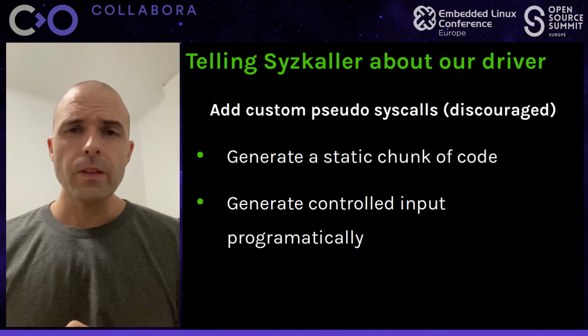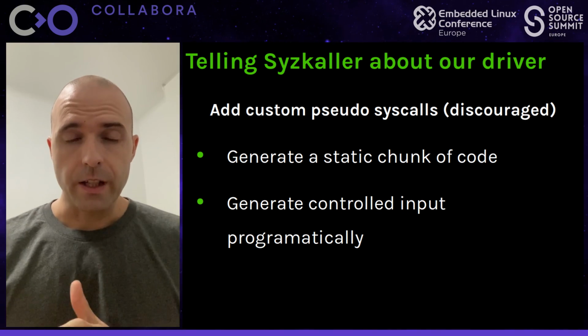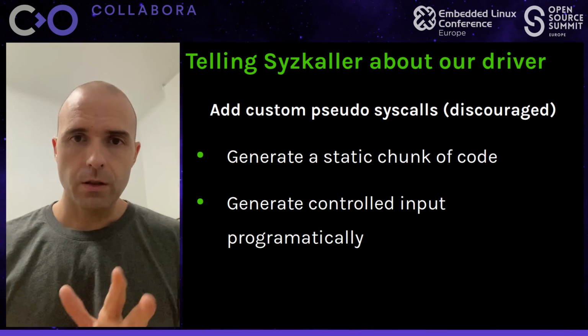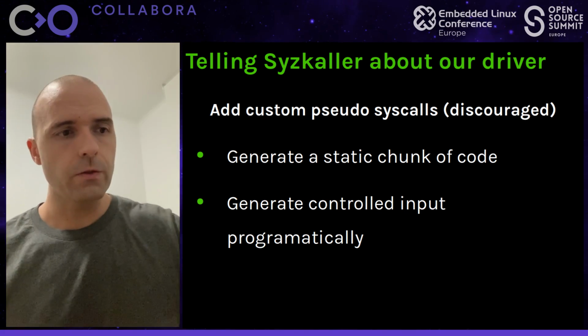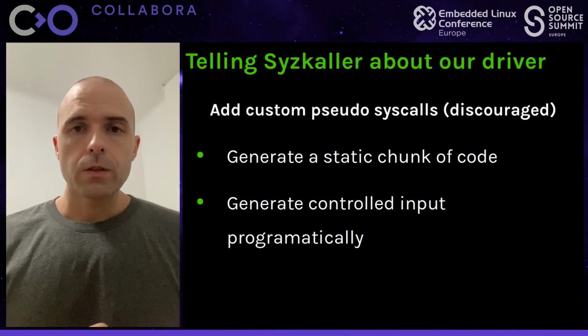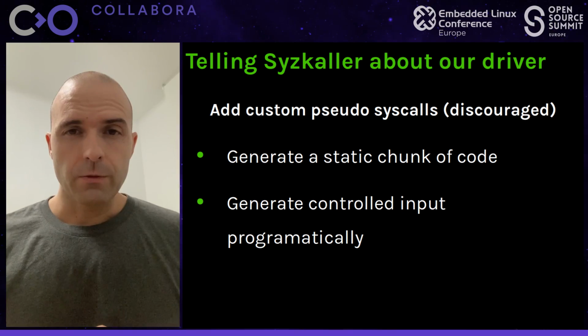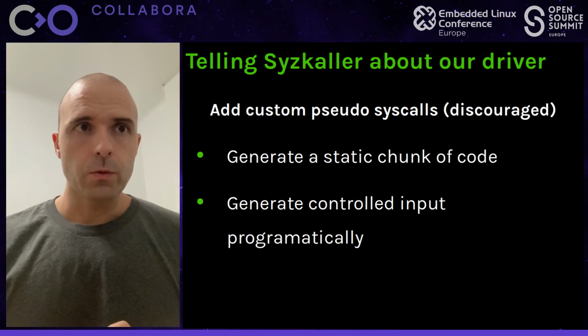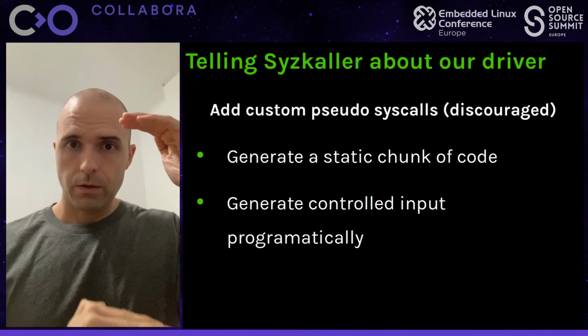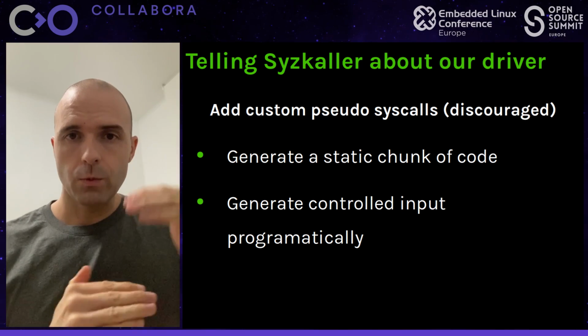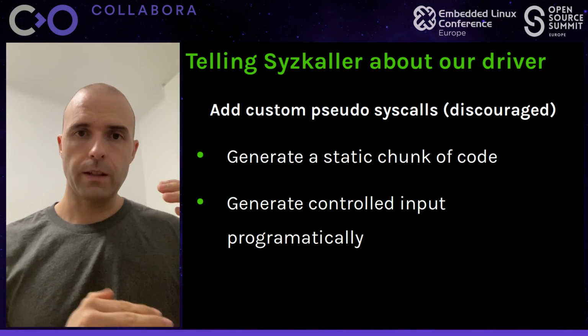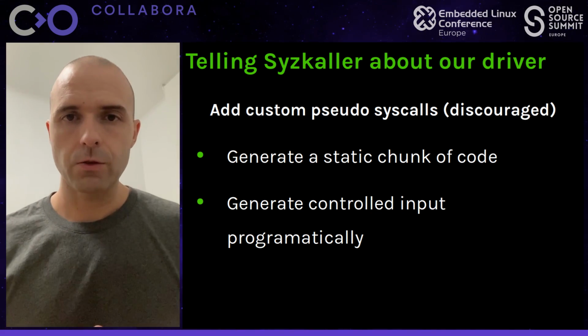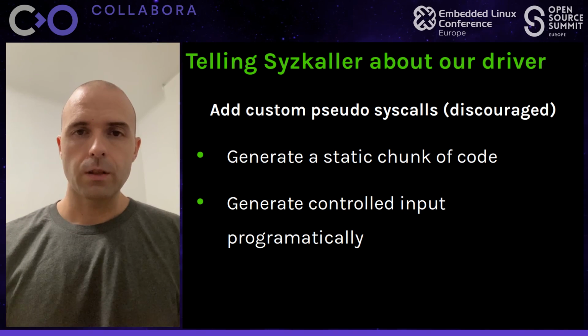So there are some applications of this which are quite important for fuzzing drivers. The first one is that this is a way of generating a static chunk of code that won't be reordered and won't change, like a known sequence of instructions that will always run in the same way.